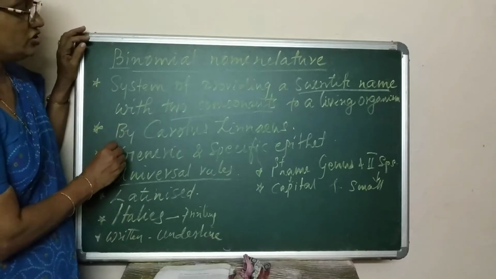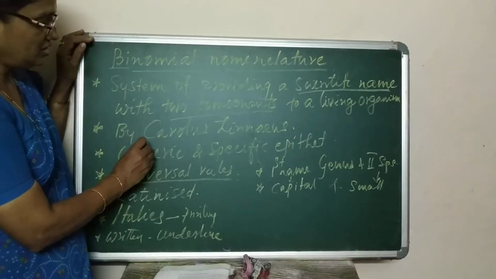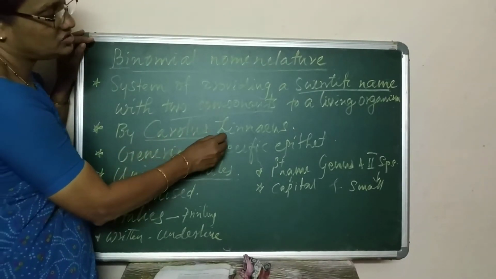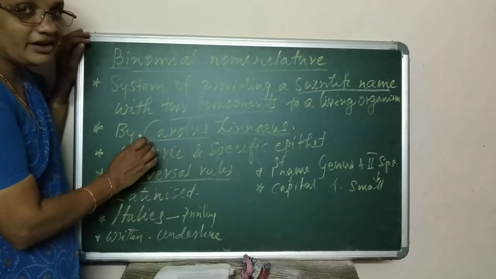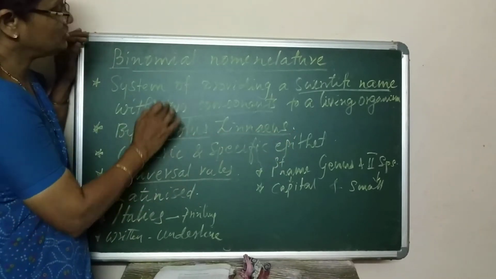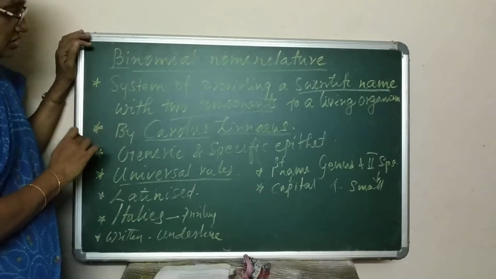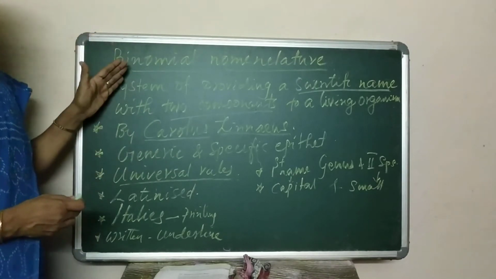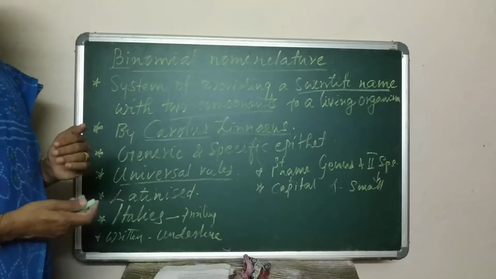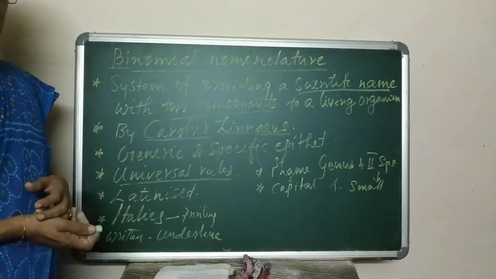This system was proposed by the scientist Carolus Linnaeus. Who is that? Carolus Linnaeus proposed this system for the world. According to this system, each scientific name consists of two components. Which are they?